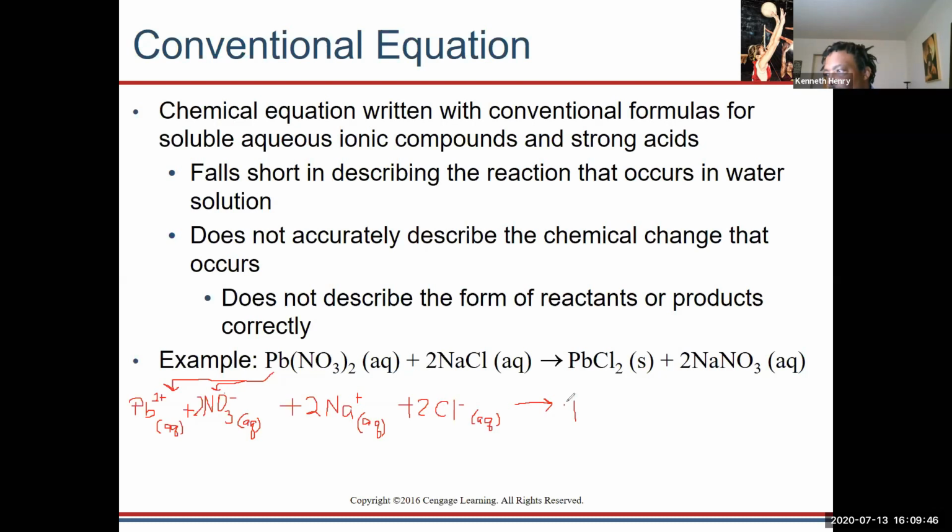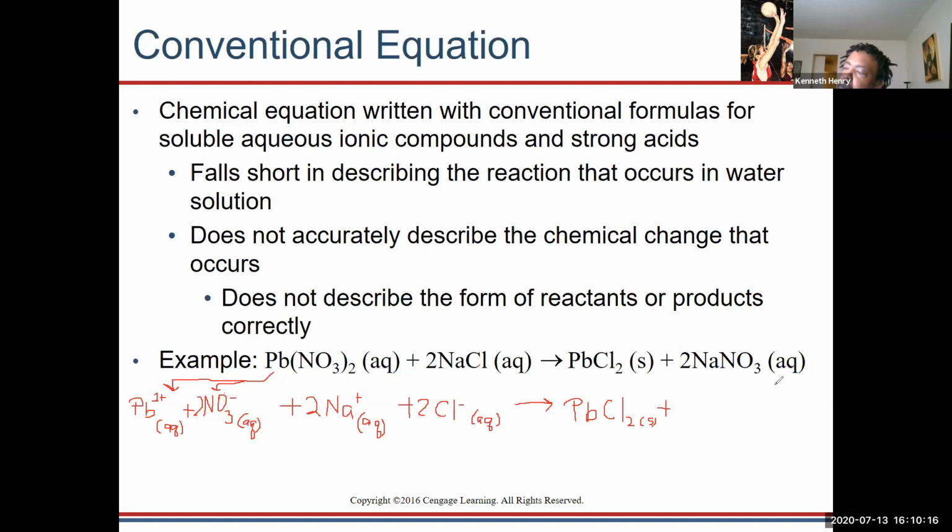So then you would write PbCl2. And you put solid. Now, this is going to be really important that you recognize this. It's going to be really important for future things as well, if you guys go beyond Chem 2A.